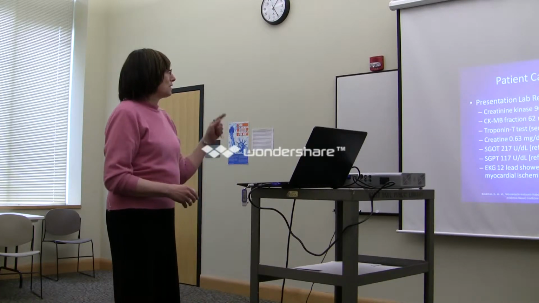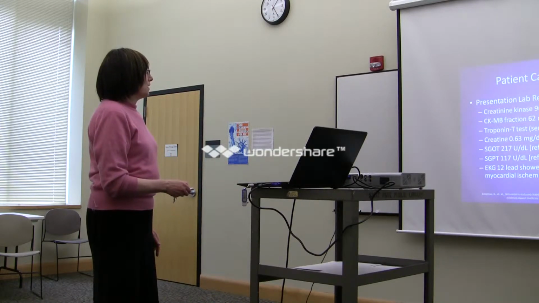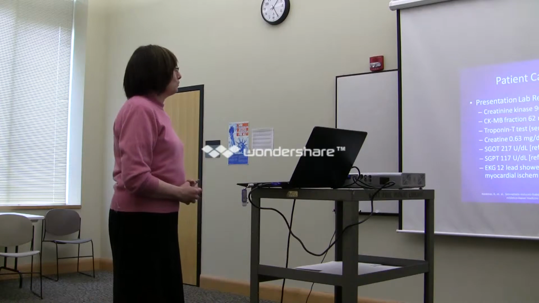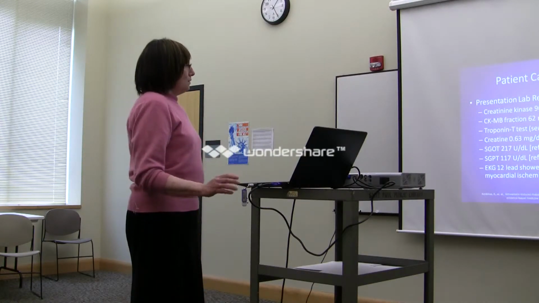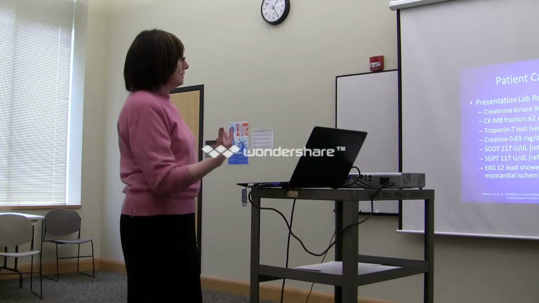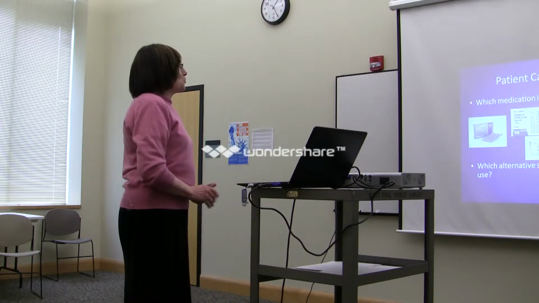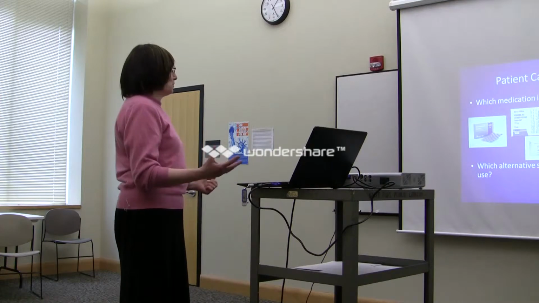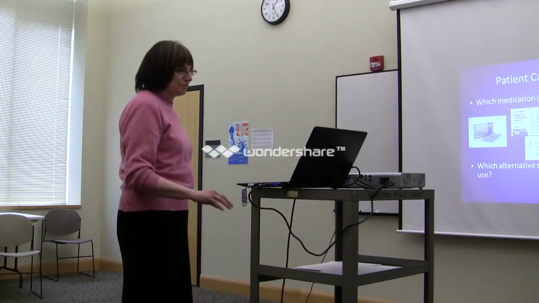The CK-MB fraction and the troponin T test are measures of acute myocardial infarction, so she was not in that. They were testing her liver, her kidney. So the question is which medication is causing her rhabdomyolysis? And which alternative statins could this patient use?